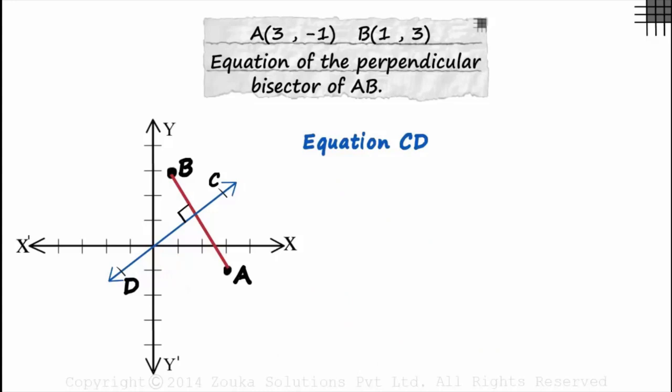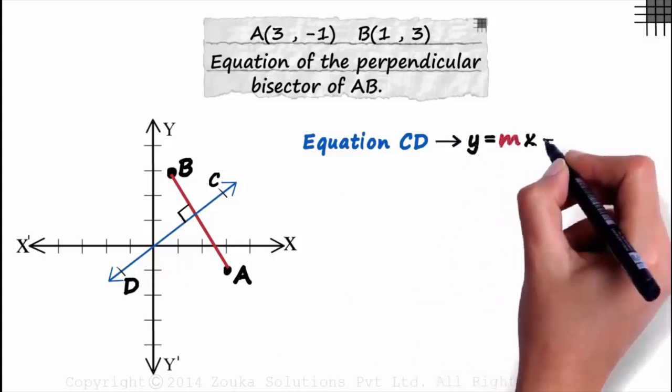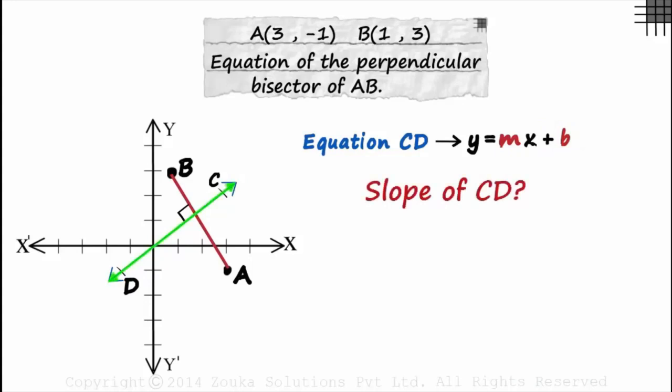To find the equation of CD, remember the formula of the equation is y equals mx plus b. So we need the values of m and b. So we can find the slope of CD first.